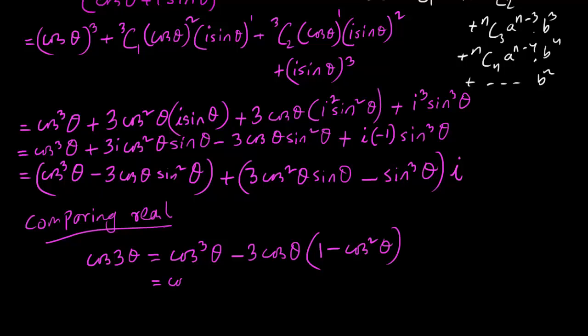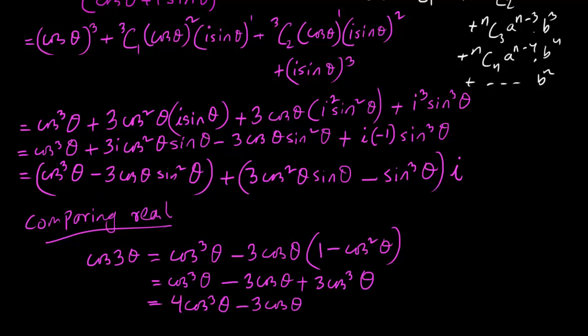So we get cos cubed theta minus 3 cos theta times 1, which is 3 cos theta, minus minus, so plus 3 cos theta times cos squared theta, which is cos cubed theta. We can write it as 4 cos cubed theta minus 3 cos theta.